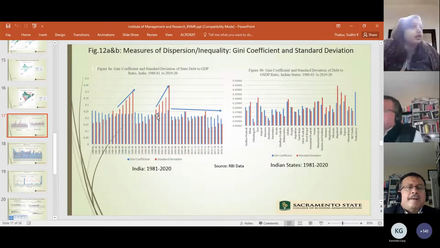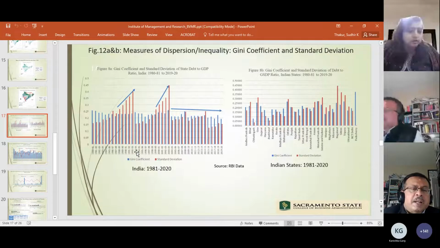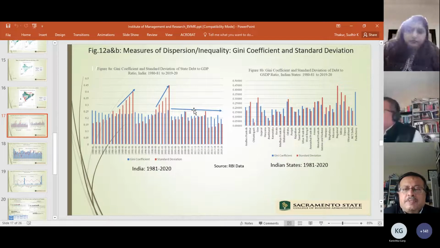You see that from the mid-1980s to the mid-1990s, the debt levels were increasing. The red bar represents the standard deviation, the blue bar represents the Gini coefficient. During some parts of the period the debt levels using the Gini coefficient were increasing, but in the past 10 years it has gone through periods of modest increase, but overall it's flat.